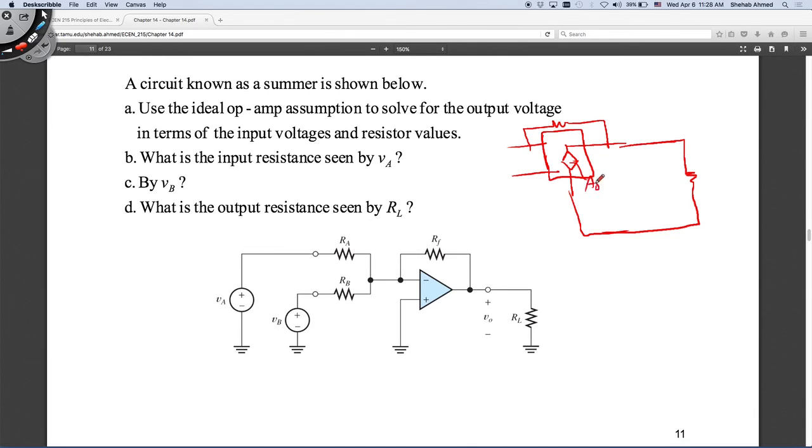This is AOL times Vx. Vx is equal to what? Since I have feedback, Vx is equal to 0. So this dependent source is equal to 0.